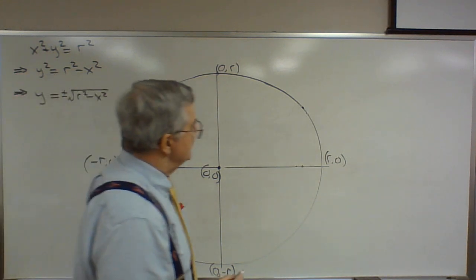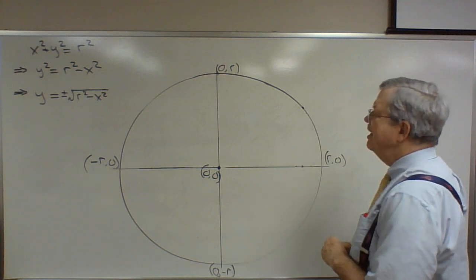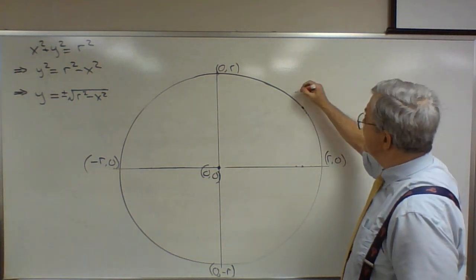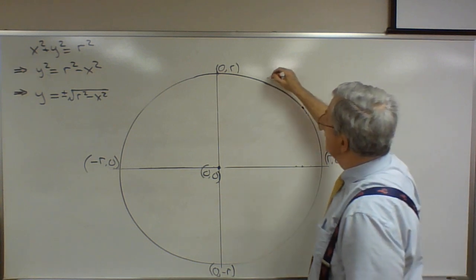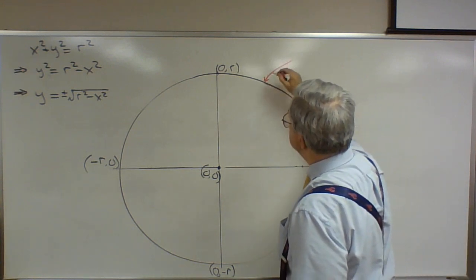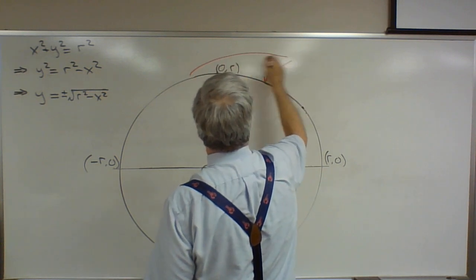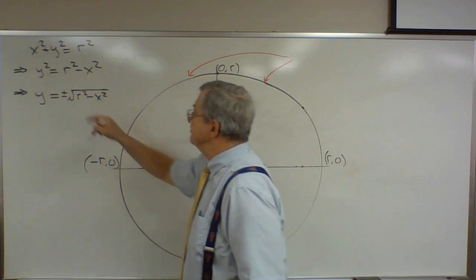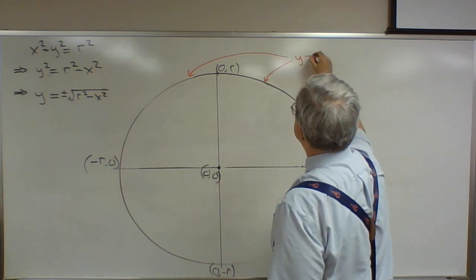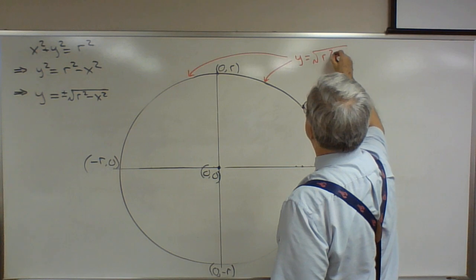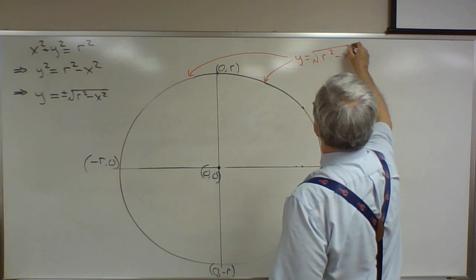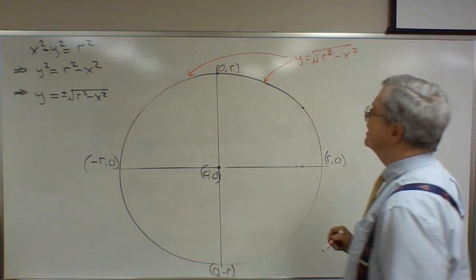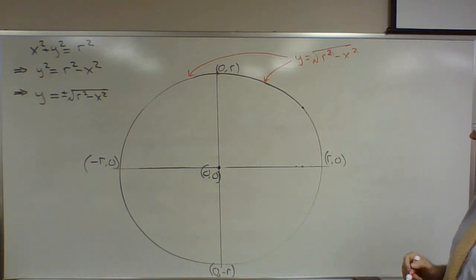And if I'm dealing with the portion of the circle that lies above the x-axis, where y is positive, then I want the positive square root, or just y equals the square root of r squared minus x squared.